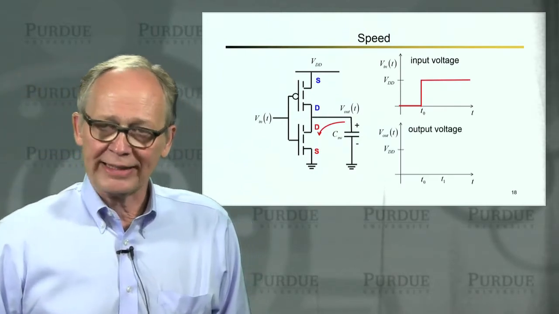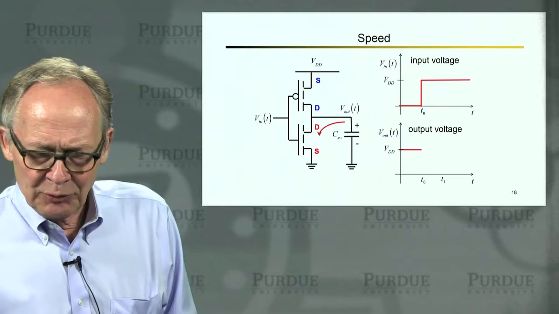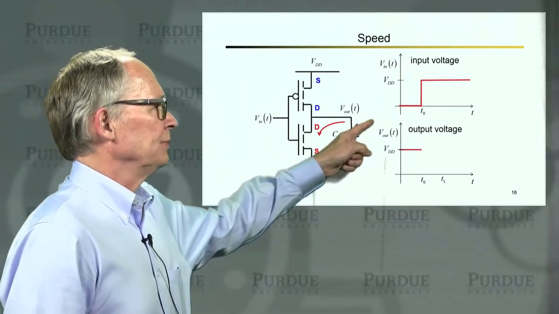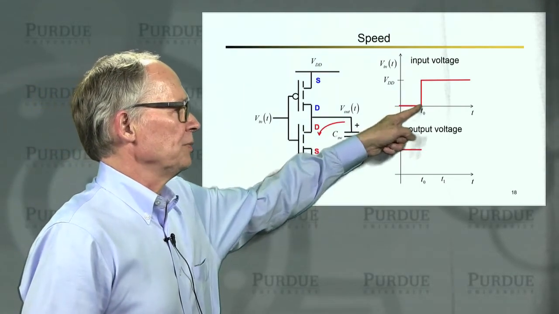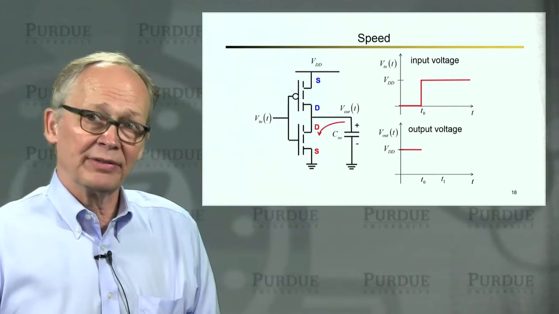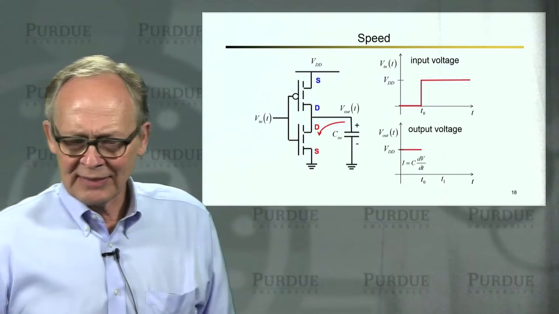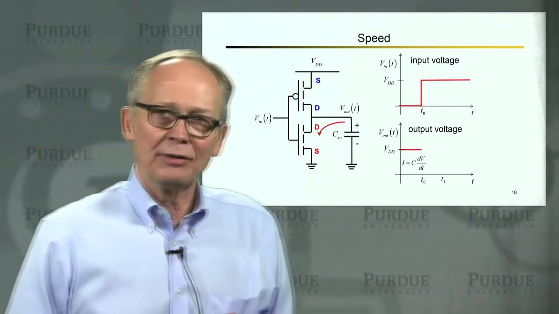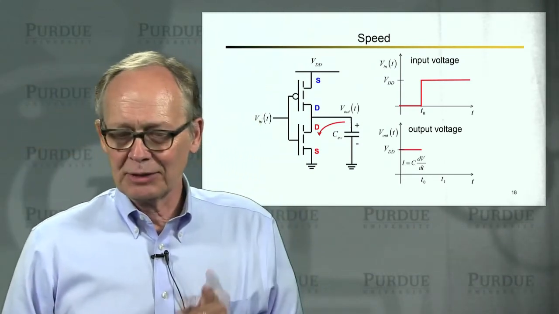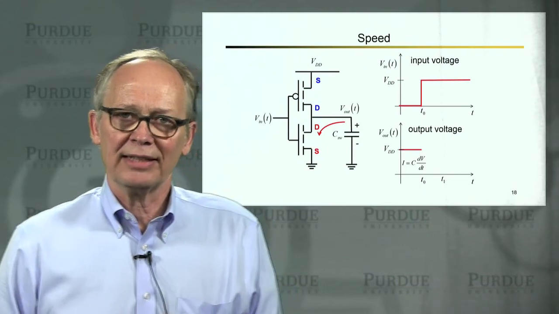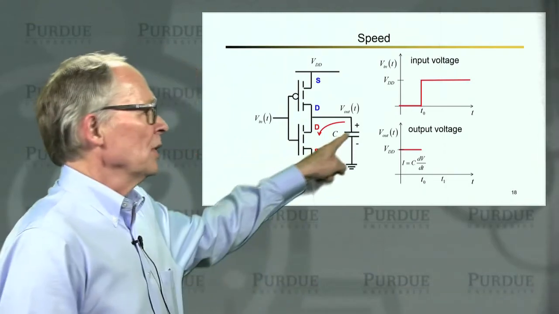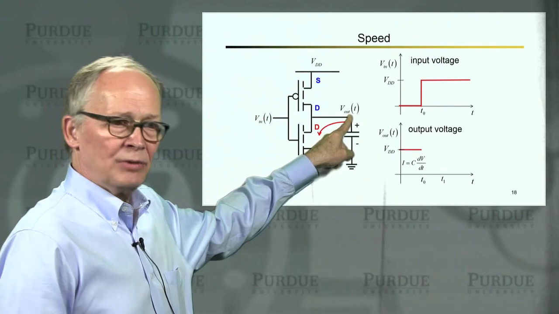Okay, so we can look at the output voltage, and we know that the output voltage was high before we switched. We turn the switch on, we dump all of that charge stored in the capacitor to the ground, and the output voltage is going to drop. Now we remember the basic law of a capacitor is current is equal to capacitance times dV/dt. Initially, we've charged the output up to a high voltage.